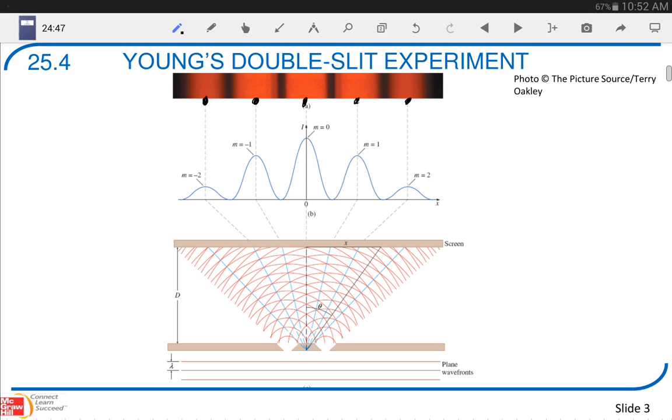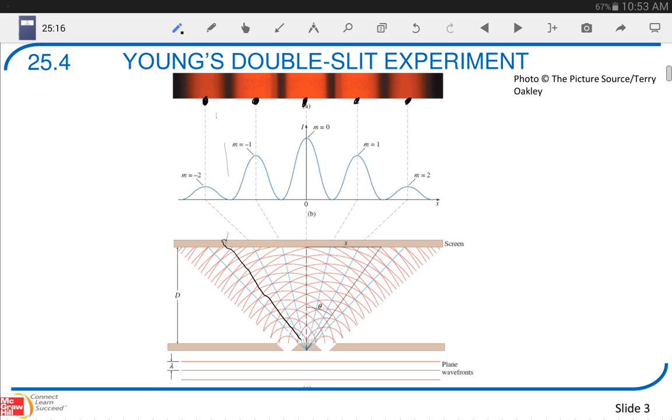And we have some locations where the wavefronts are overlapping. Those locations give us constructive interference. They correspond to the centers of the bright peaks. We have some locations where the wavefronts are half a wavelength out of phase, and those give us the destructive interference there.